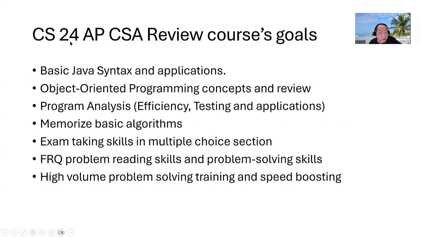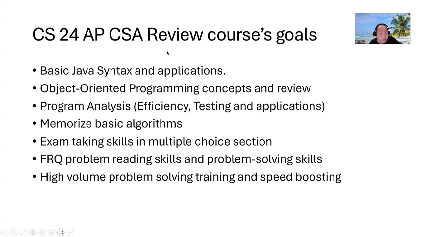So our CS24 AP Comp Sci A review course's goal is to teach you and review the Java syntax and its applications, and object-oriented programming, the concept and using OOP for programming. Also, program analysis, including efficiency, testing conditions, and applications.